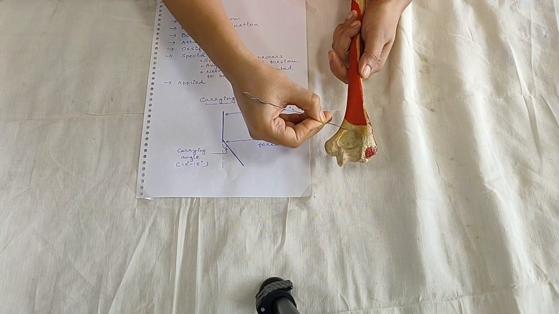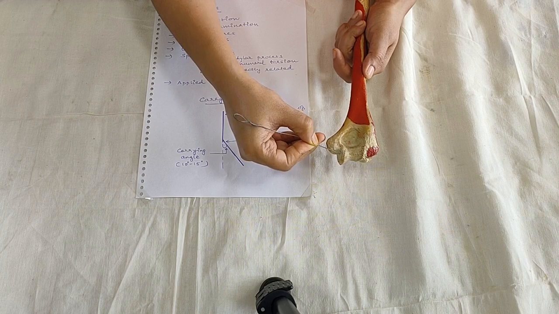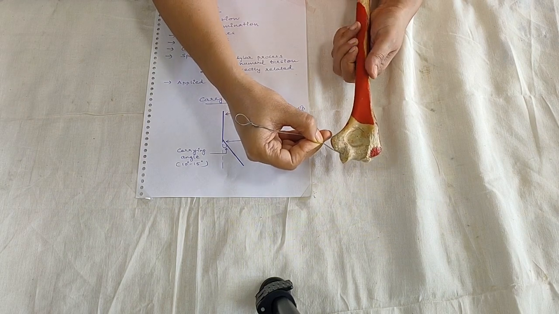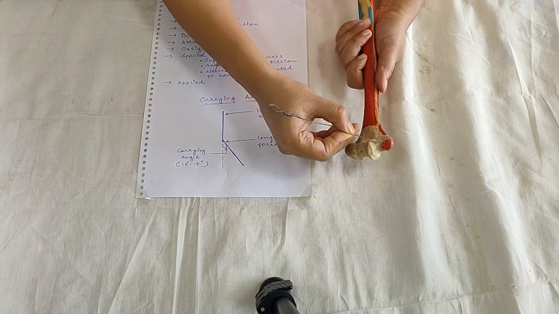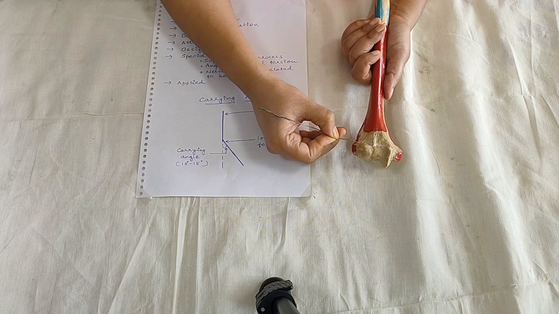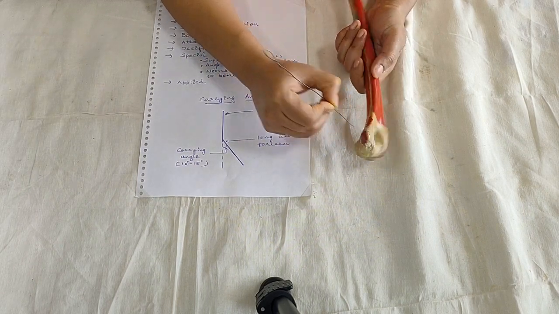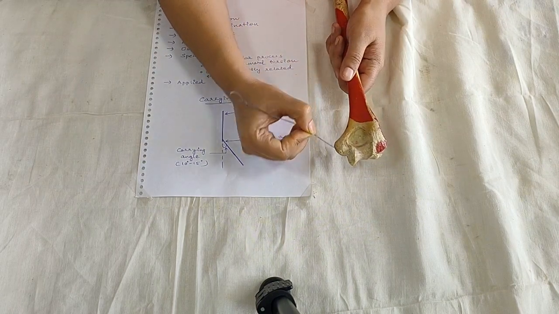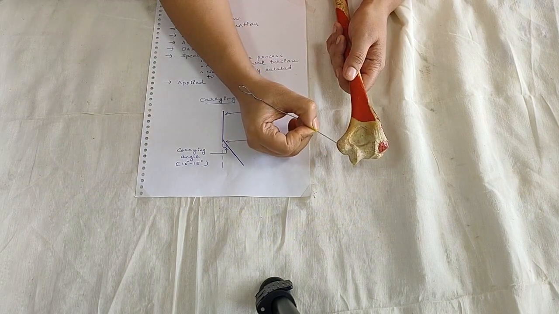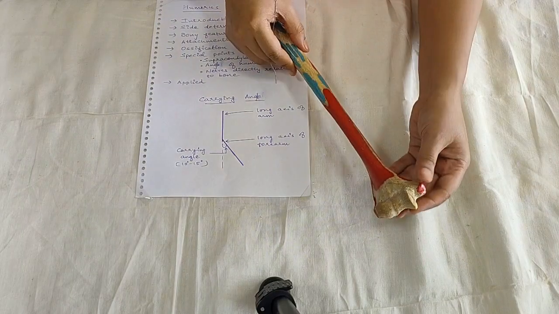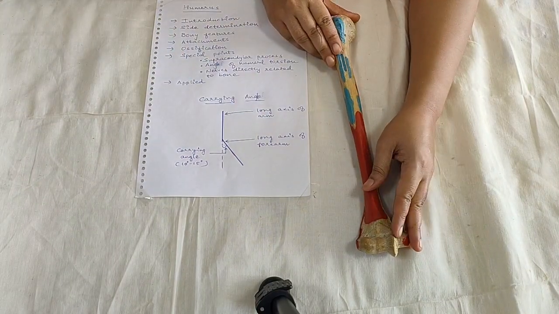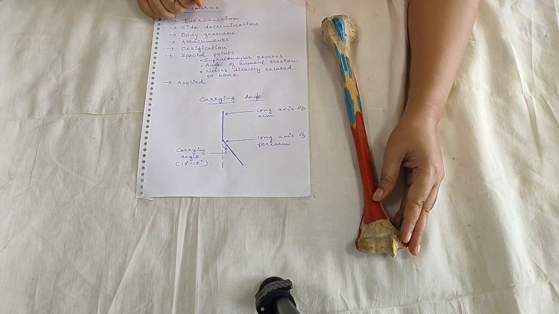The olecranon fossa is included, but the medial epicondyle is excluded. So the capsular ligament of the elbow joint includes the fossae but excludes the epicondyles. Clear? So this is all about the attachments of the humerus.